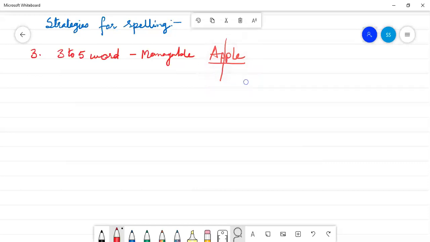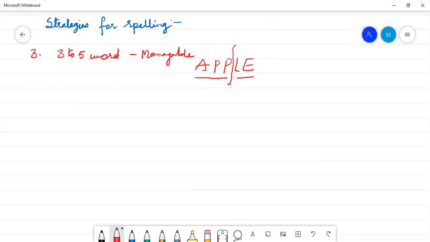It depends on the syllables and sounds. If it is like APPLE, then the child can break here, and he can easily manage AP, app. Then again two. First he can learn this, and then he can take some break, and again he can start, and then rejoin it.